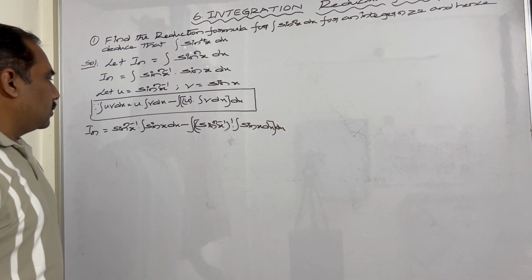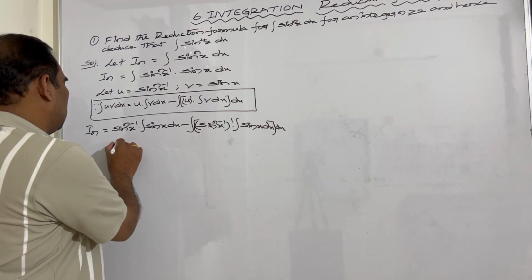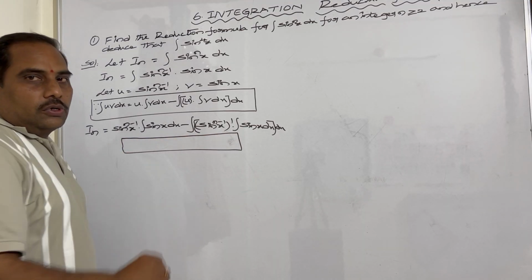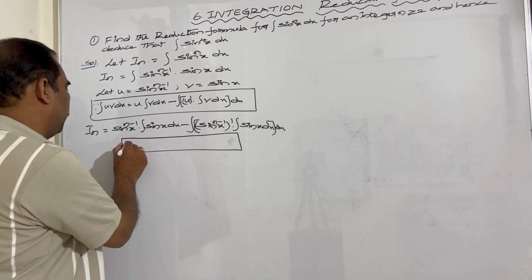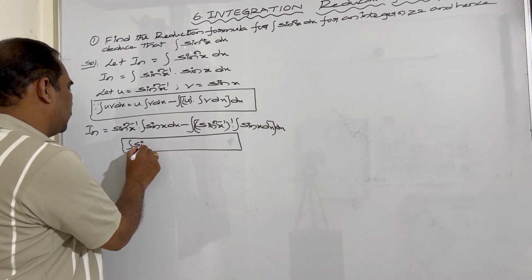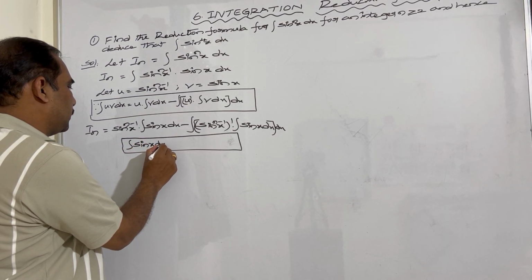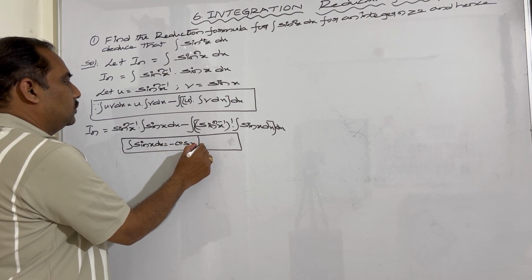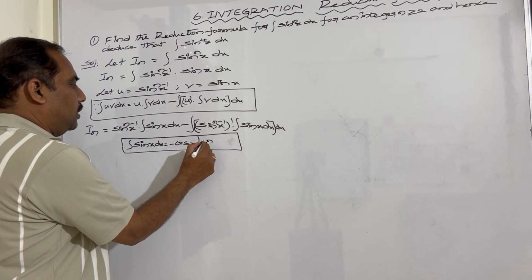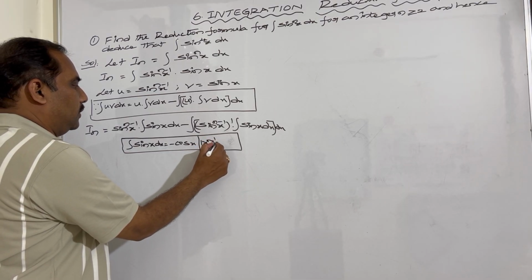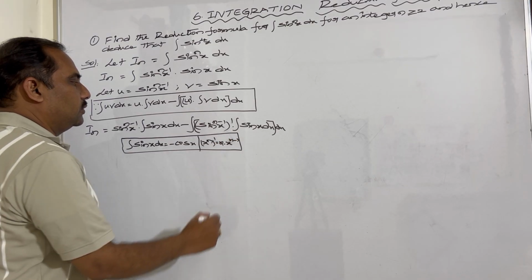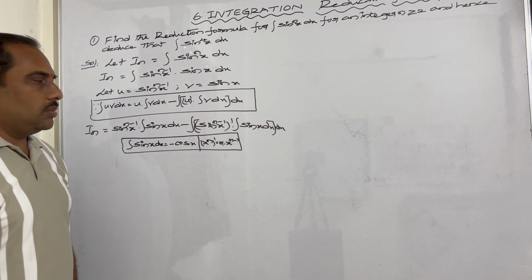Now we know that the integral of sin x dx is equal to minus cos x, and also the derivative of x power n is n into x power n minus 1.